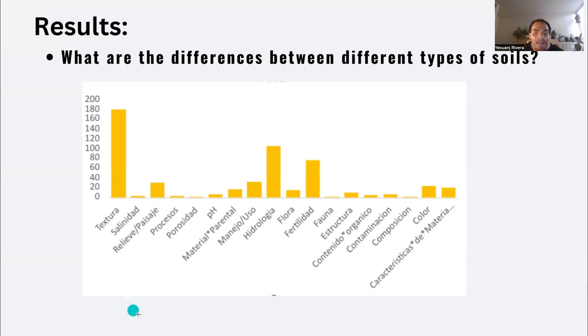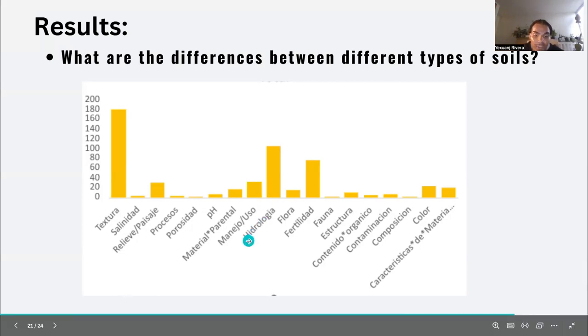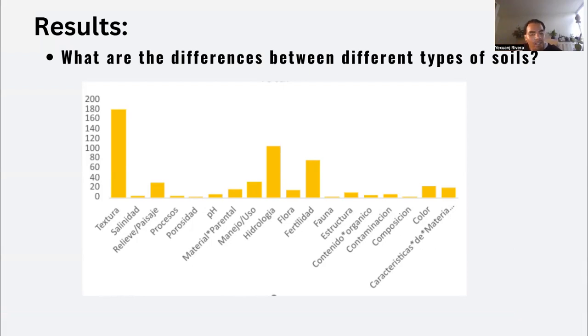And then the second most answered category was hydrology. When they talk about hydrology, they tend to see the humidity of the soil. So they compared soils that are humid and soils that aren't humid. So typically, people do have a general perspective of the physical properties of soil, but they seem to fail in understanding that there is a chemical component of soil and there's a biological component when comparing different soils.